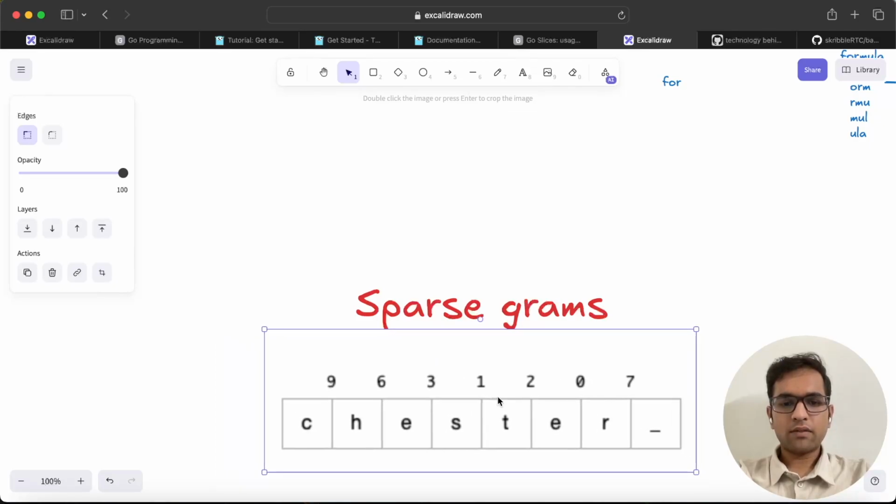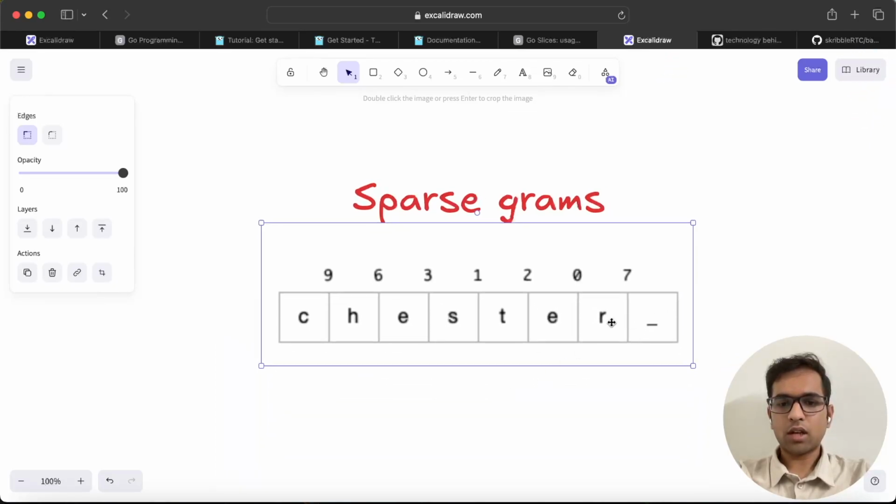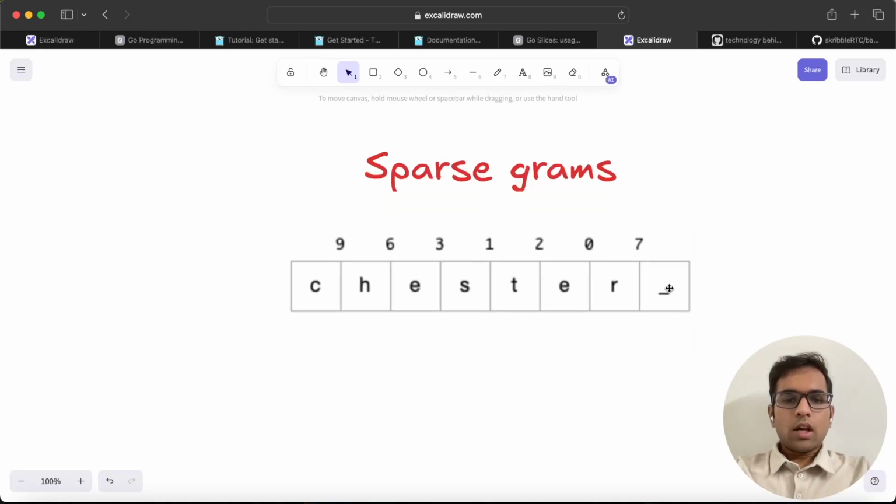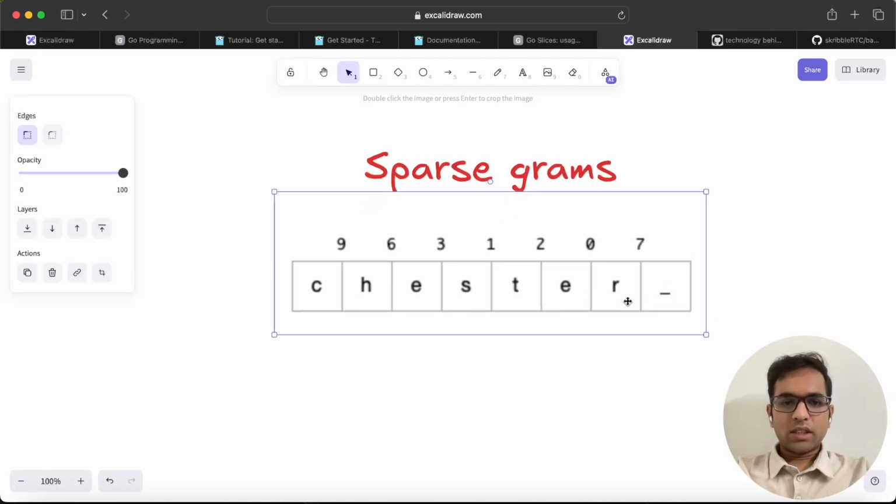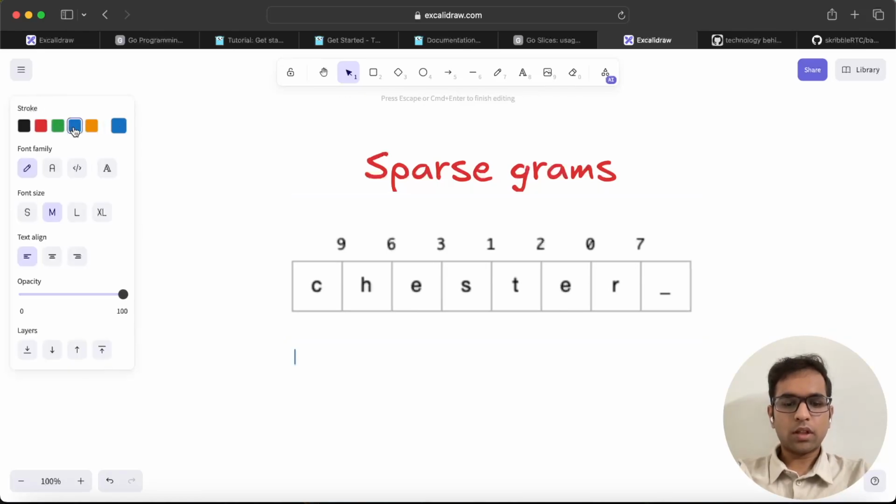So, let's say we have this word Chester, where after R, this is the ending of the word. And what they do basically is, for every bigram, a weight is assigned.